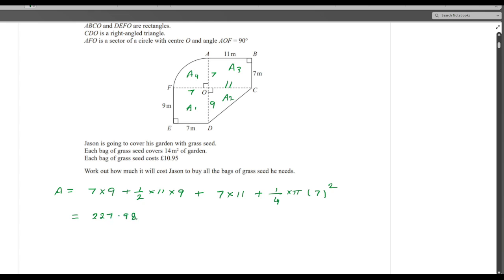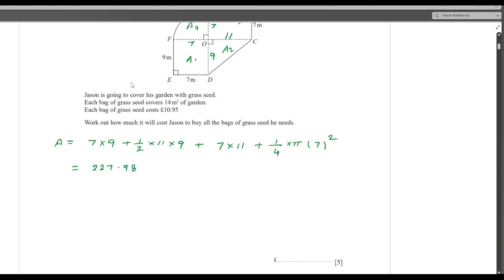227.98. Okay, now in one bag, 14 meters square area is covered, so the number of bags is your total area 227.98 divided by 14.